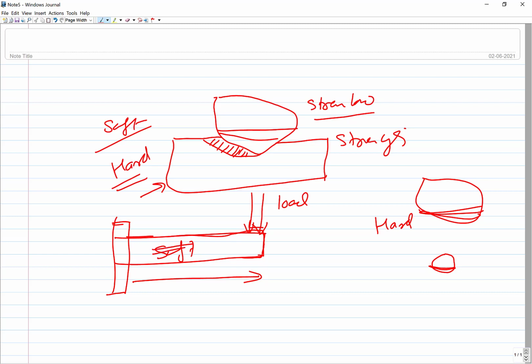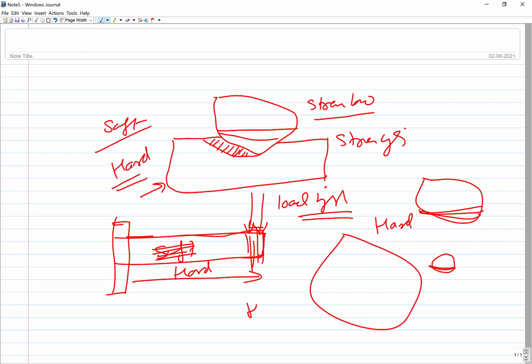But when the workpiece material being processed is hard, the load is high. So when the load is high, stresses are more, and this will get fractured easily. So large size abrasives under the high load, while working on the hard metal, will get fractured easily, whereas grinding of the hard materials is performed using the small size abrasives because of this cantilever effect.